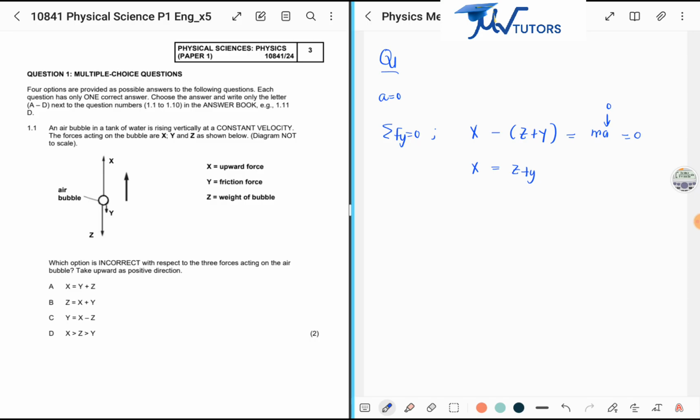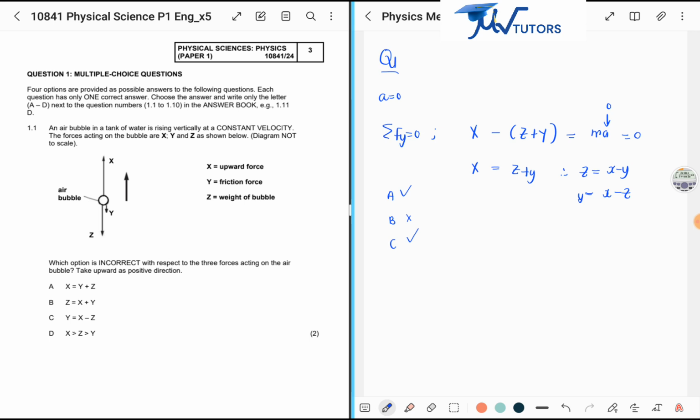So let's see. A, x is equal to y plus z. Yes, that's correct. B, z is equal to x plus y. No, if I were to write this in terms of z, z would be x minus y. So B is not correct. C, y is equal to x minus z. Yes, if we take z to the other side.